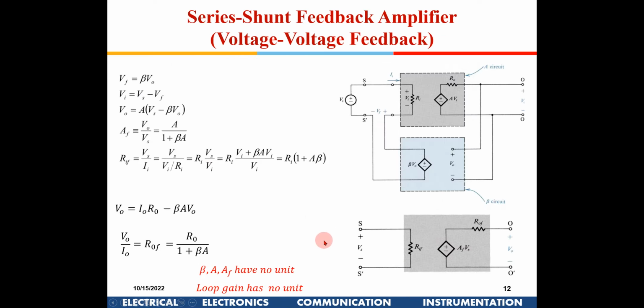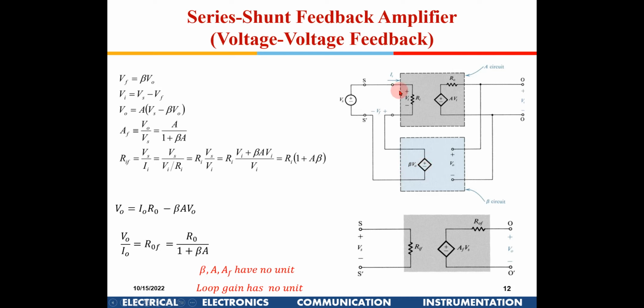Now let's first take the case of series shunt, or the voltage feedback circuit. This is an amplifier where the voltage will be amplified by a factor of A. This network is a feedback network where it samples the output voltage, and beta times V0 is given out here.